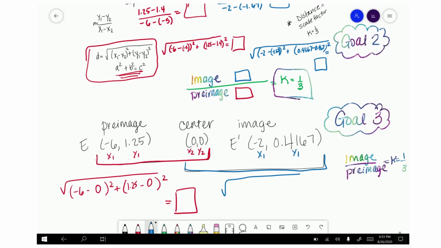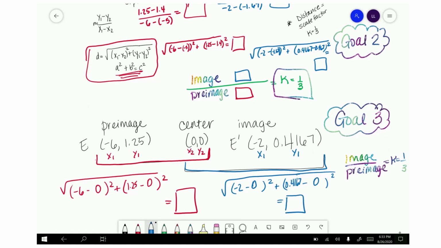All right, so we're going to do -2 minus 0, and 0.4167 minus 0. And then we're going to find that answer.